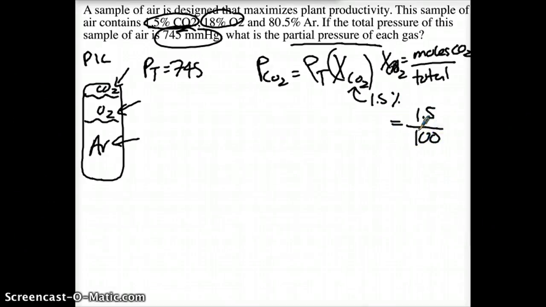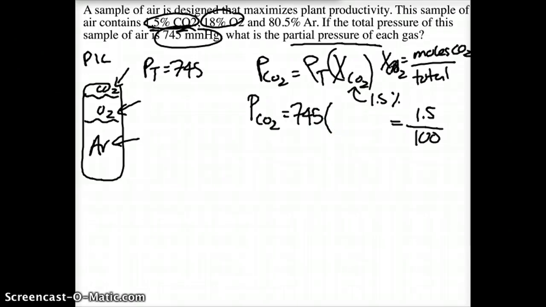Think back to when we did empirical formulas. We assumed we had 100 grams. In this case, assume you have 100 moles. So if it's 1.5%, that means 1.5 moles out of every 100 moles belong to CO2. So if I wanted to figure out the partial pressure of CO2, it'd be the total pressure, 745, times 1.5%.